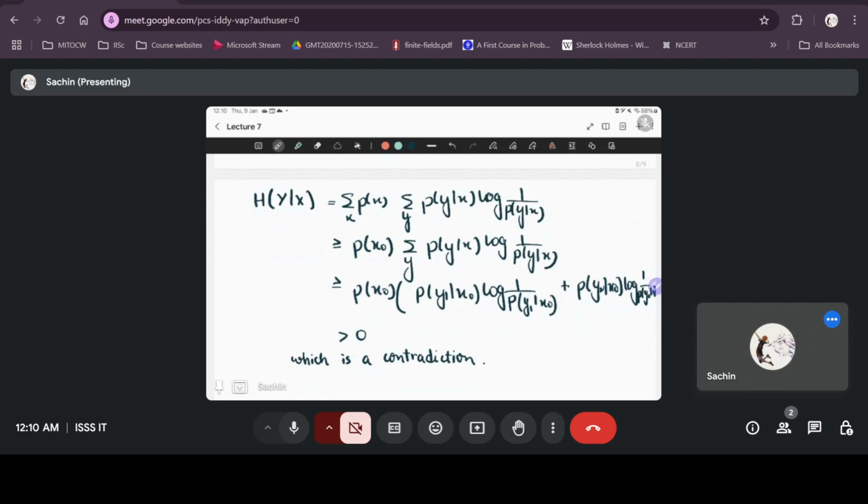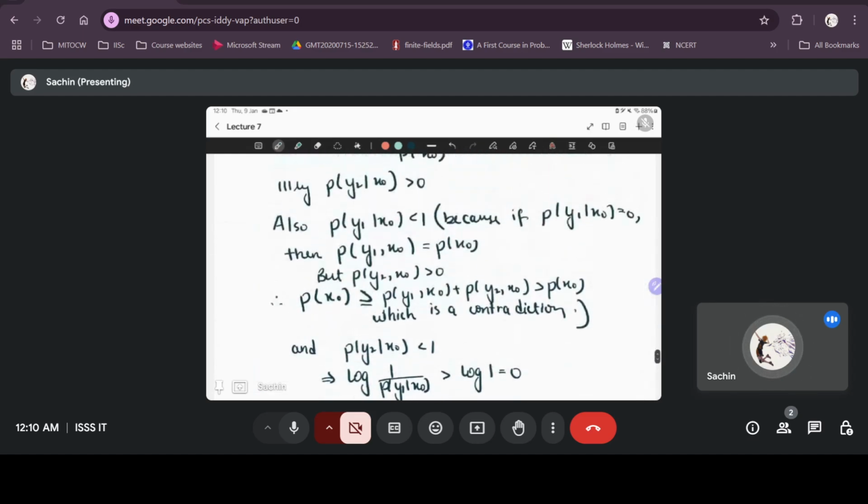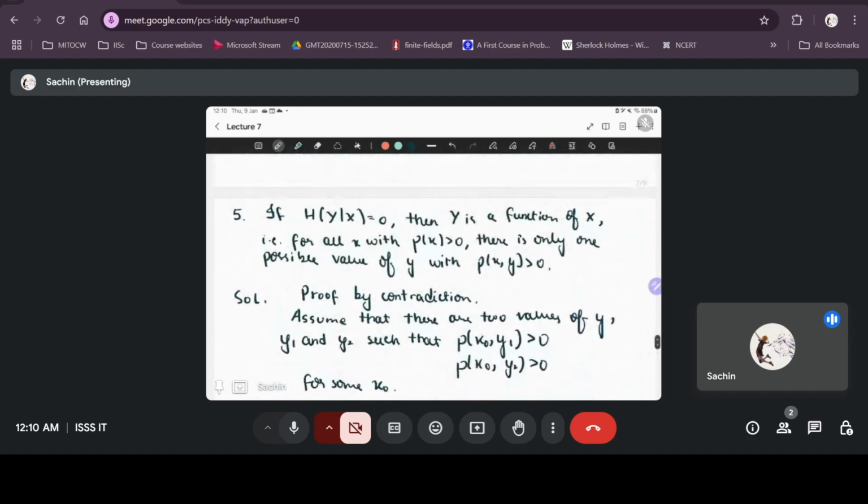Also, the statement says for all x with p of x greater than 0, there is only one possible value of y with p of x comma y greater than 0. But clearly we can see that if p of x comma y is greater than 0 for any values of x and y, then p of x must be greater than 0.